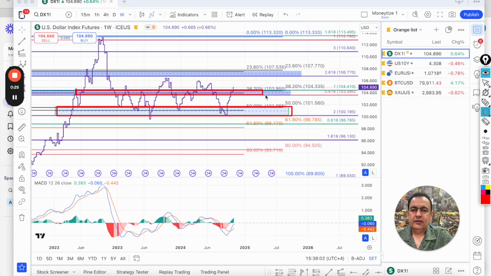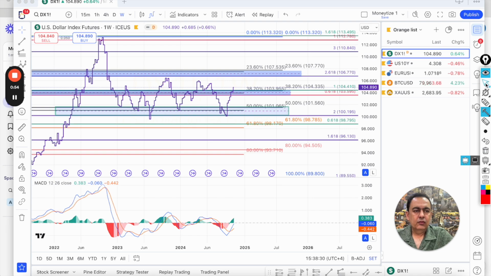Currently dollar has gone higher than the middle area, and the next resistance upcoming is around 106.77 to 107.77, and it's looking quite strong at the moment. So I'm expecting in the coming week or coming days, dollar should rally to 107.77. No signs against. MACD histogram looking stronger on the weekly chart.